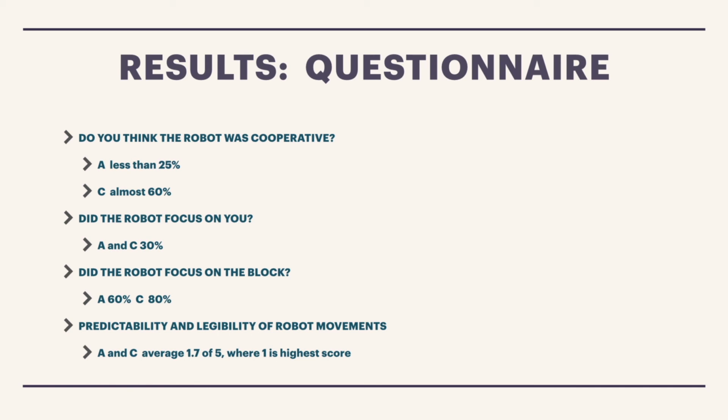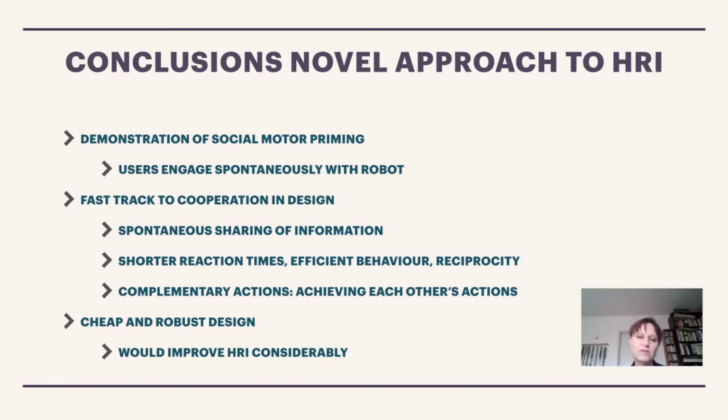And then finally, the predictability and legibility of the robot movements was considered high, which of course is important. So, conclusions about this novel approach to human-robot interaction. Well, we did demonstrate social motor priming, and the users did engage spontaneously with the robot.